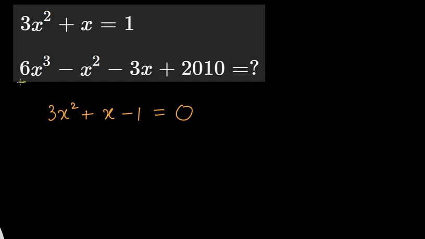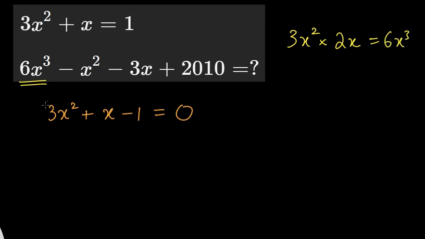So what is the first term in this expression that we want to evaluate? It's 6x cube, right? Here the first term is 3x square. So how do we get 6x cube from 3x square? If you multiply 2 times x, then this will give you 6x cube, right? Isn't it? So that's what we are going to do.